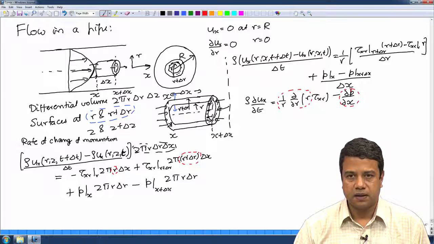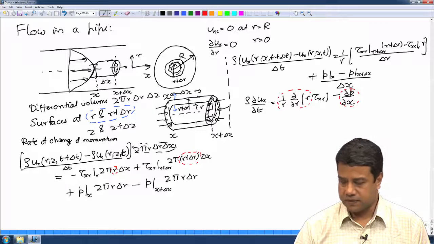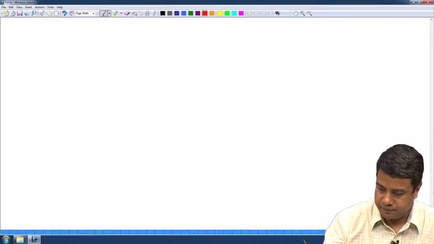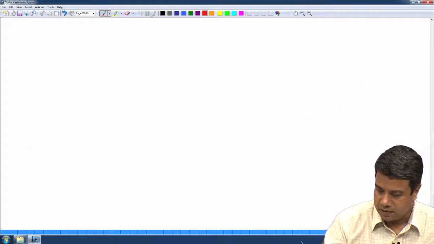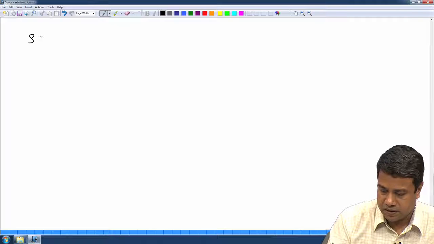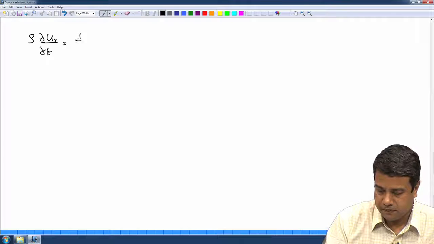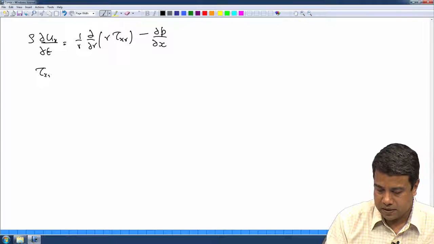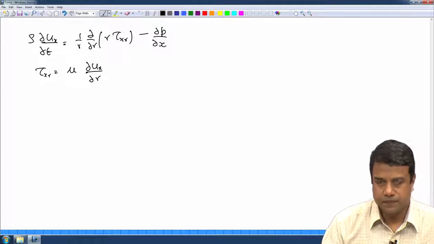And then if we use Newton's law for viscosity, the differential equation I had was rho times partial ux by partial t is equal to minus partial p by partial x, and tau x r is equal to mu partial ux by partial r.